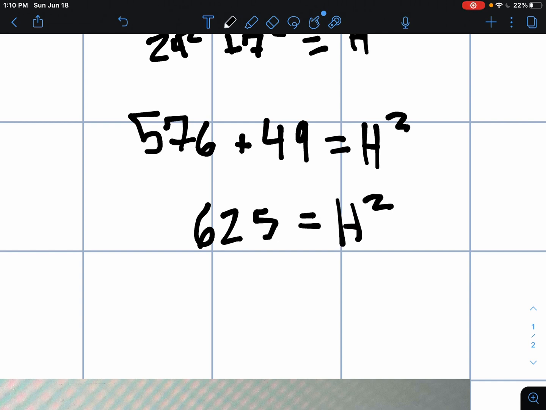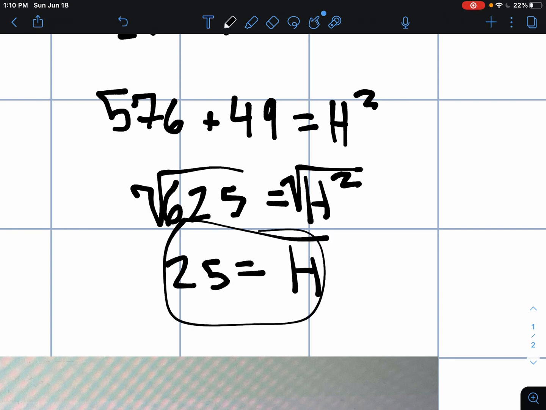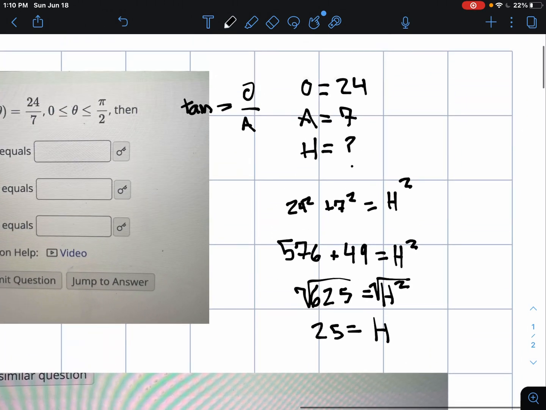We take the square root of that to get the final answer. The square root of 625 is 25. So the hypotenuse is 25, but that's not our final answer. We still have to figure out the remaining functions.